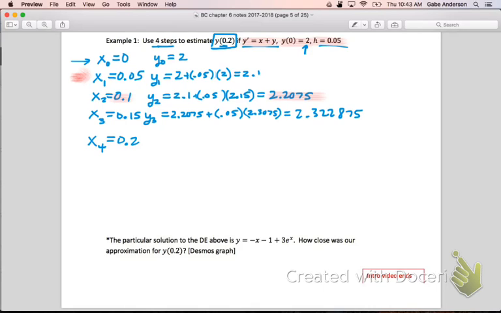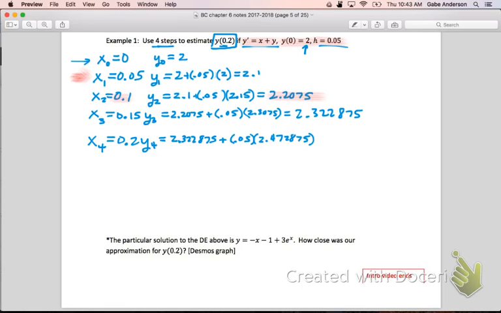Okay, and then our final step, y4, is going to be the previous y-coordinate, which is 2.322875, plus the product of the step size times the slope based on the previous x and y coordinates. When you add those two together, we end up with 2.472875.